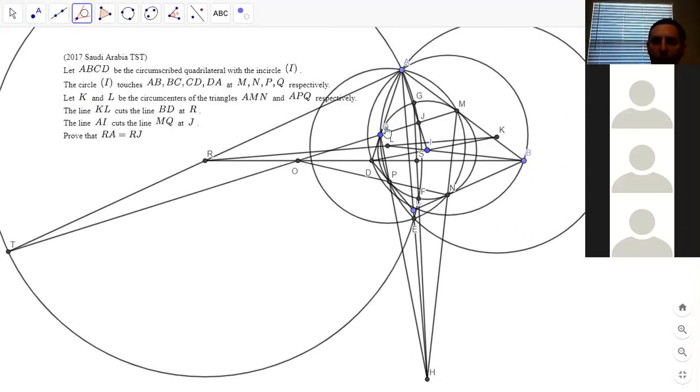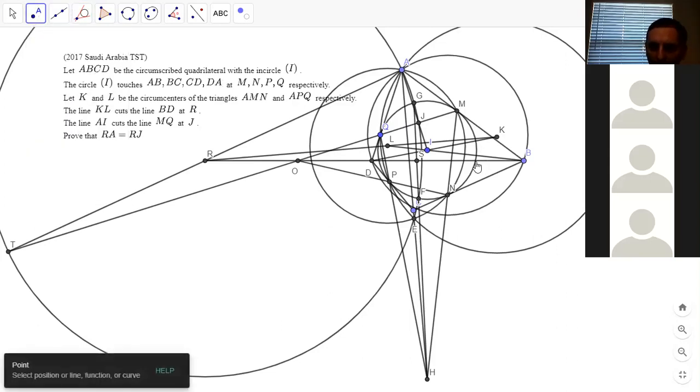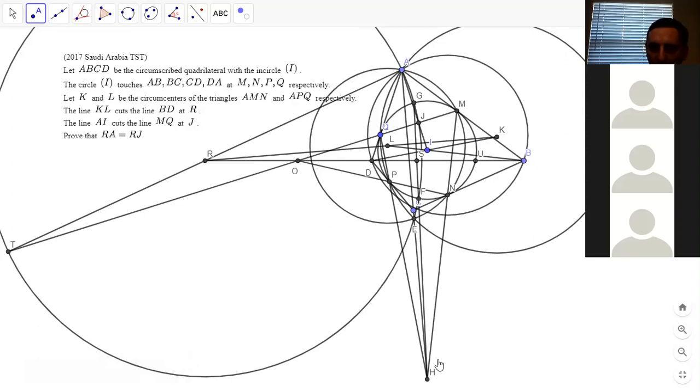So if we rephrase it another way, really we just want to show that if the nine-point circle meets BD at a point, then HU would be tangent to it.